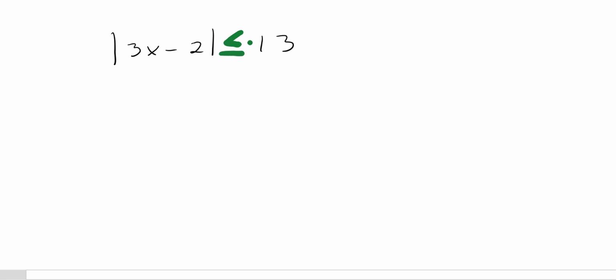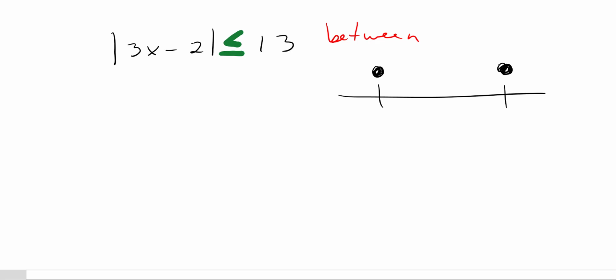You've got to remember this is a barbell, so this is a between problem. Which means my final answer is going to look like this. In graph form, it's going to have something like that, and since this is less than or equal to, it's going to be solid dots, and it's going to look like that.